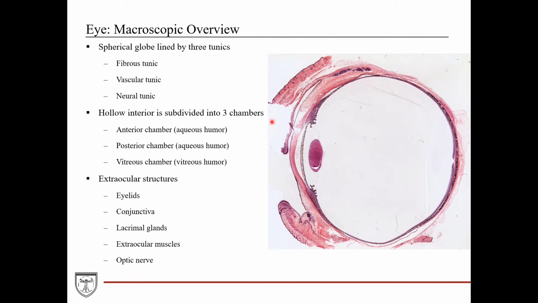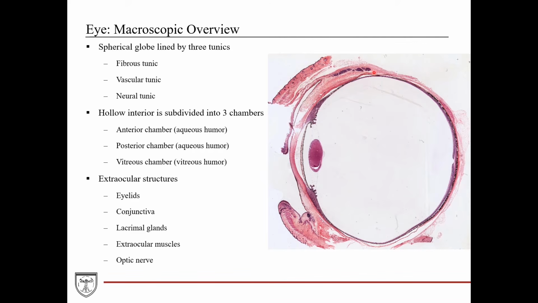Likewise in this eyelid we're seeing a similar thing, although here the skin is kind of torn off. But we can still see the conjunctiva forming that mucous membrane, folding upon itself and covering the exterior of the sclera, and it should be ending right around here.